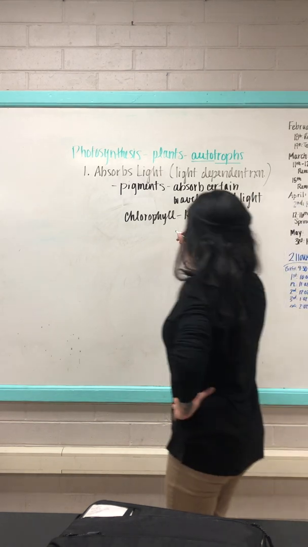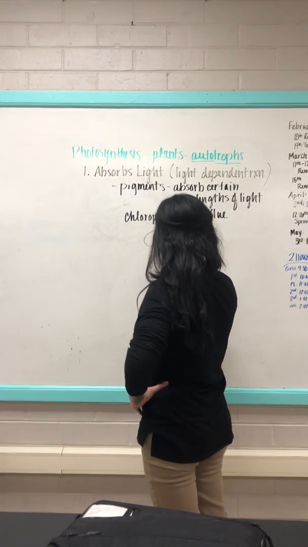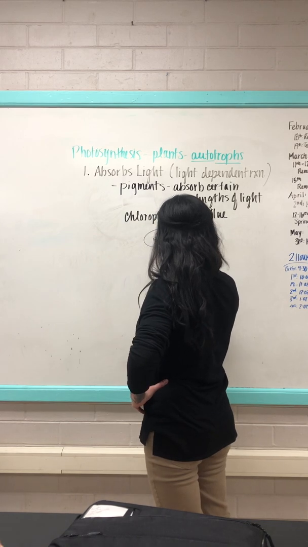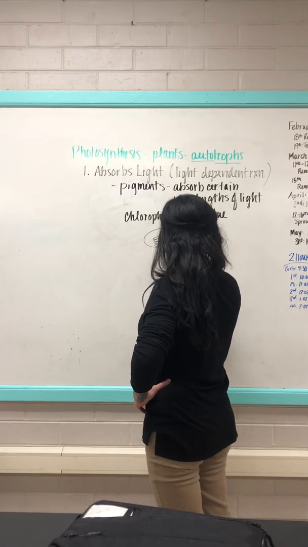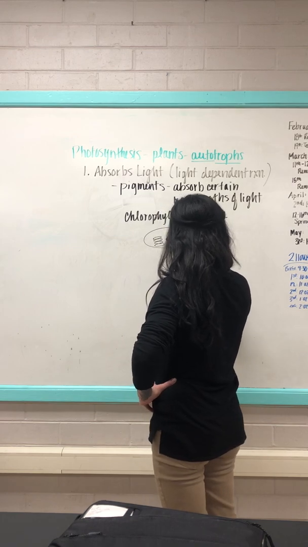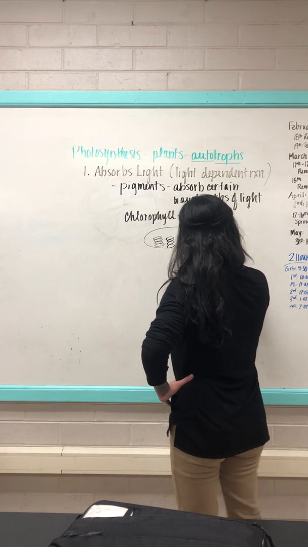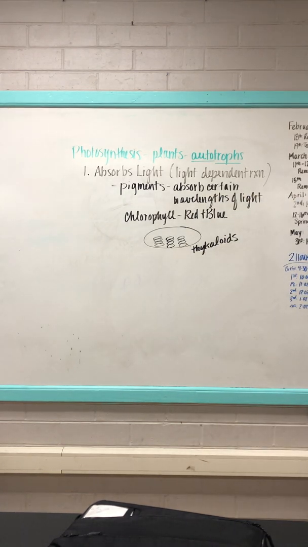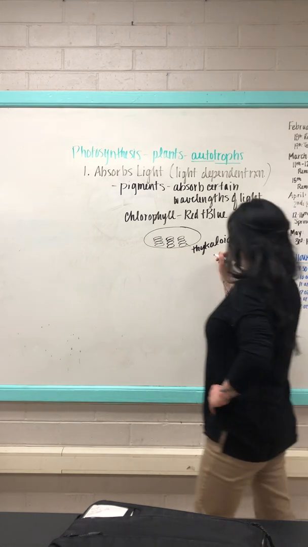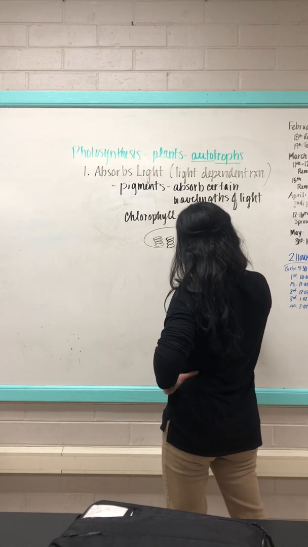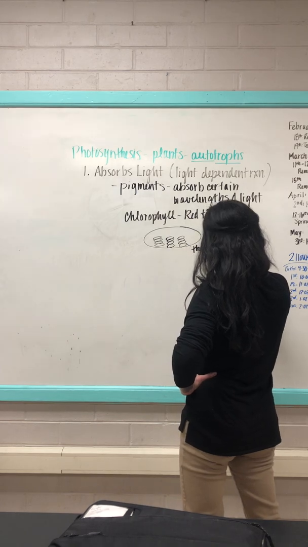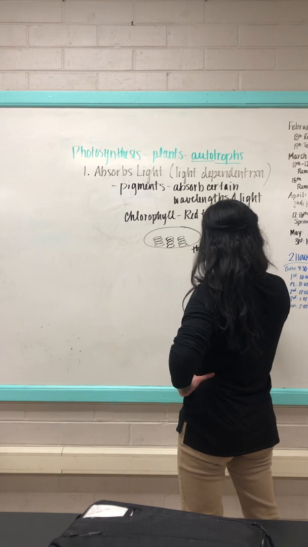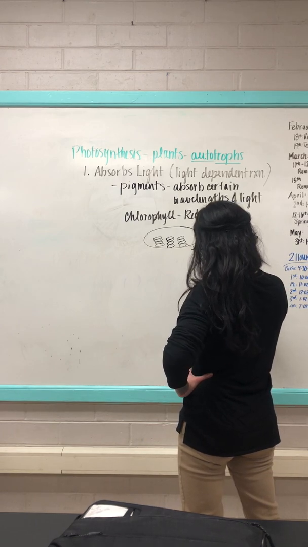Okay, so this takes place in the chloroplast. And then remember, the chloroplast has these little green looking pancake things in them called thylakoids. And those are going to help absorb the light. And so that light that it helps absorb, it's excited, okay?